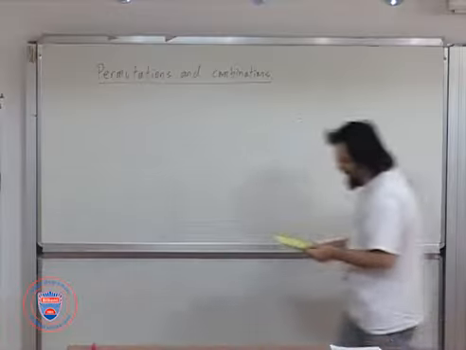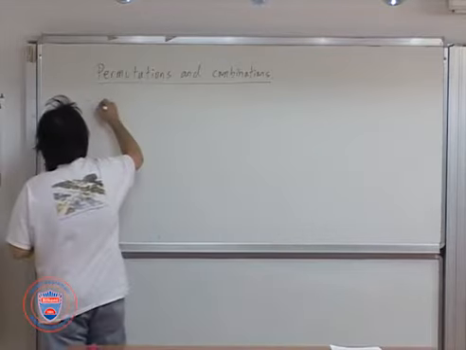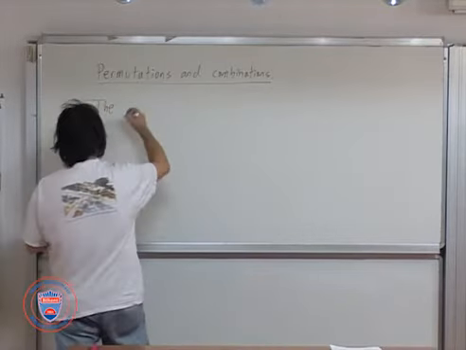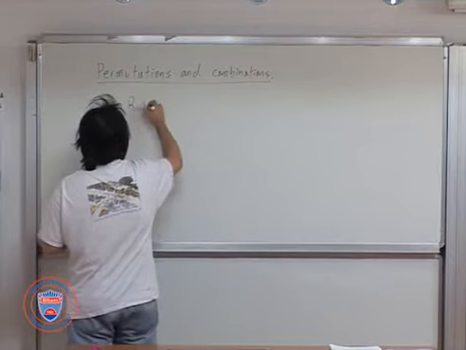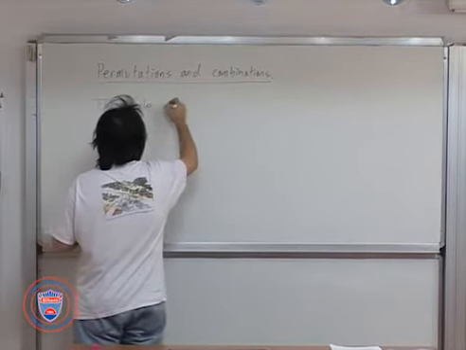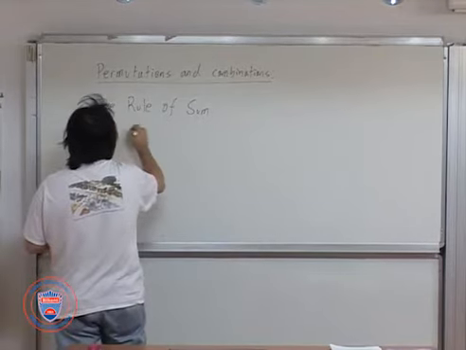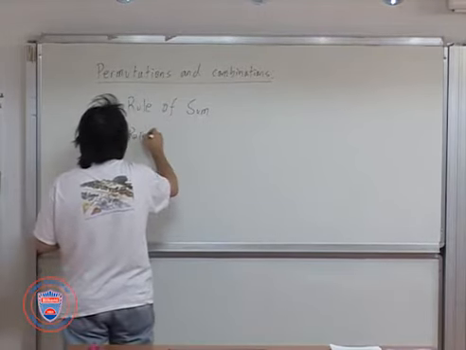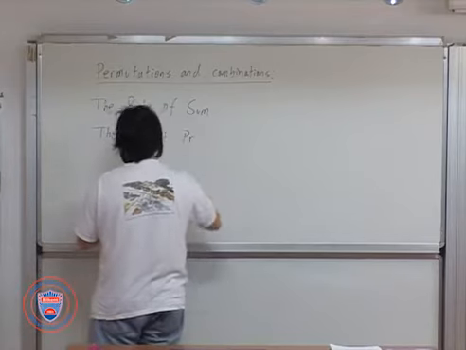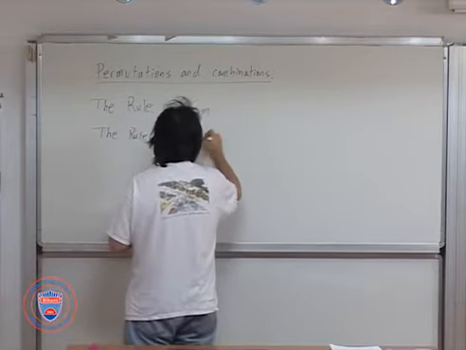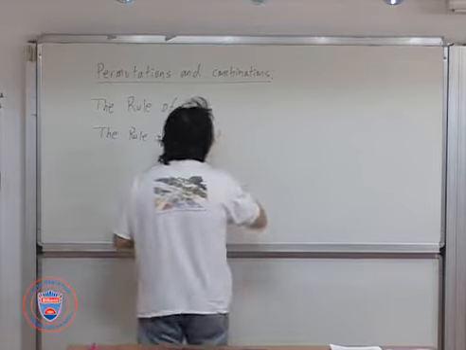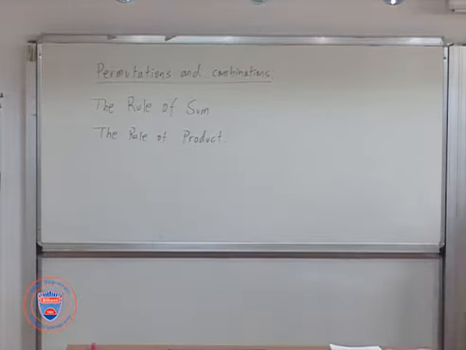Now, we had 2 rules that I wrote last time. I'm not going to repeat them, but just write what they are. The rule of sum, and then we had the rule of product. These are 2 main principles for counting.